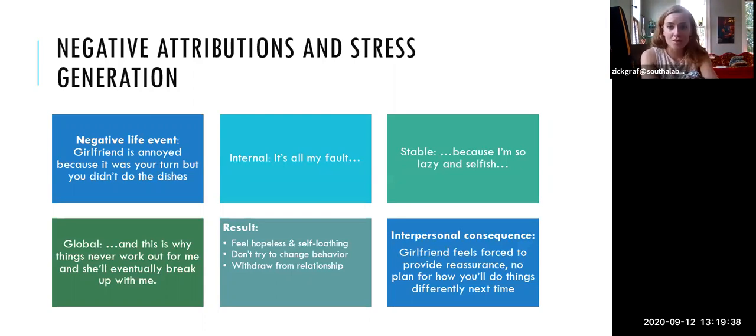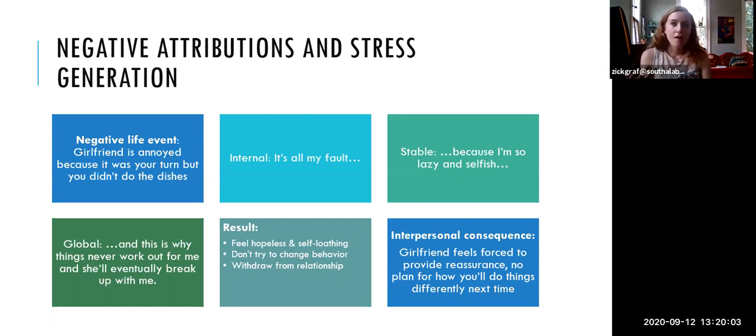You making these attributions and articulating them during an argument could make the other person feel manipulated or feel like you're changing the subject, that you're taking something that's about your behavior that you could theoretically change and making it about who you are as a person, forcing them to comfort you, but also to acknowledge that if you think that you're like this as a person, you're never going to change.